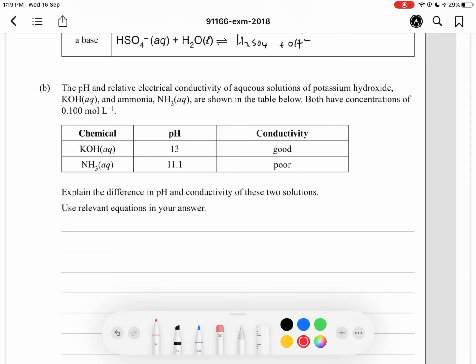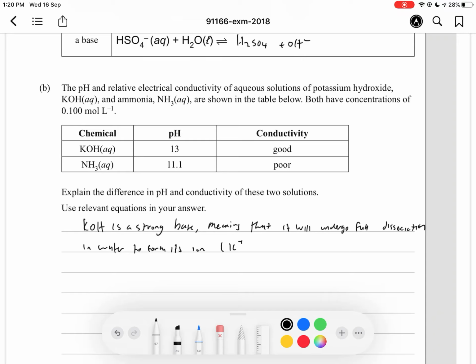Alright, so for this question, we can start off by saying that KOH is a strong base, and we need to define it, meaning that it will undergo full dissociation in water to form its ions.